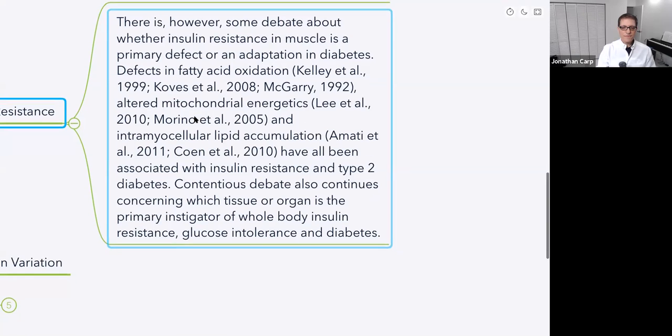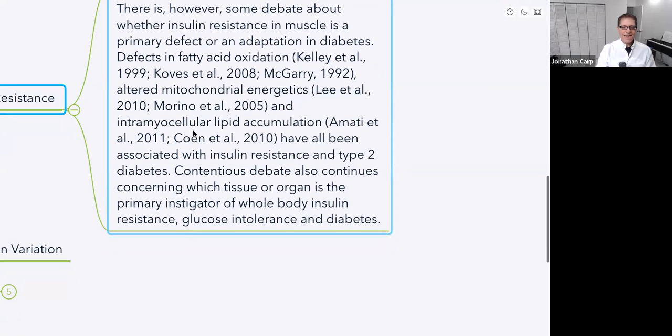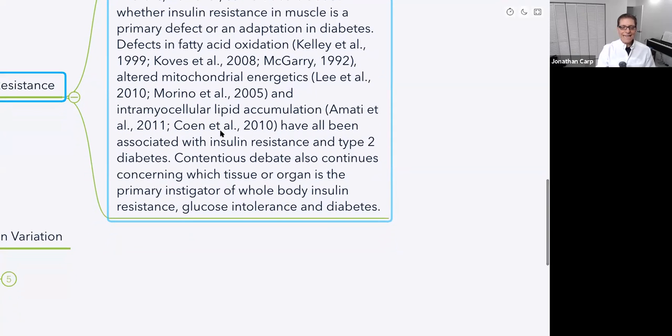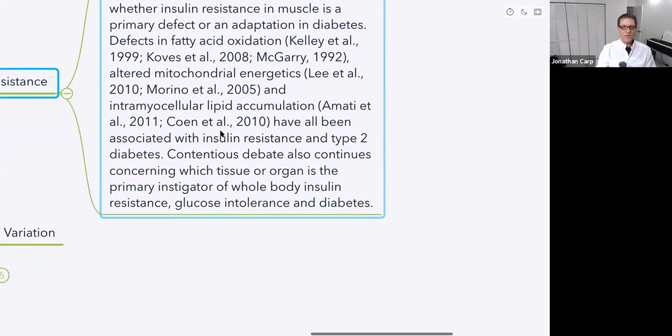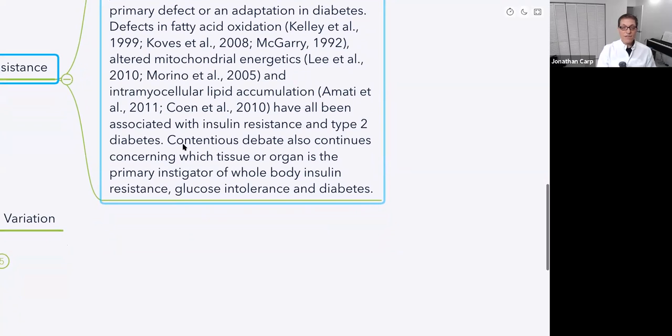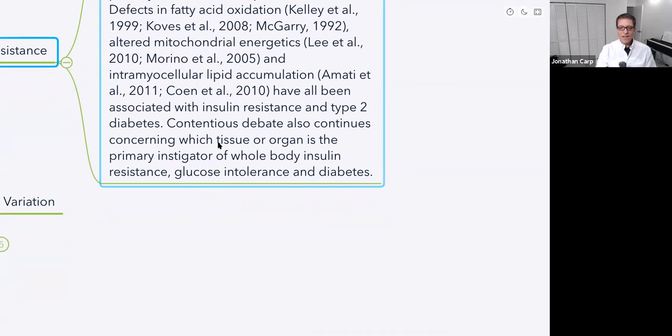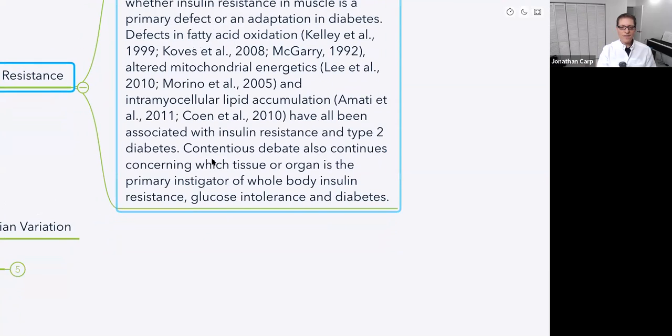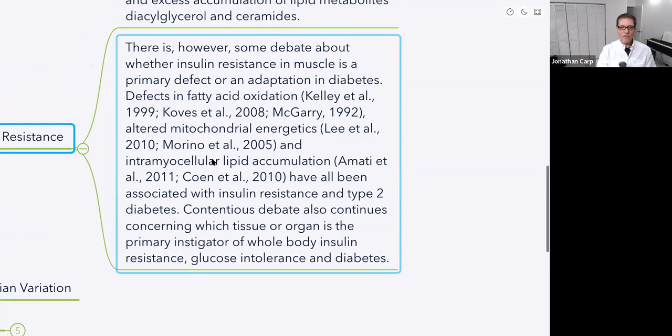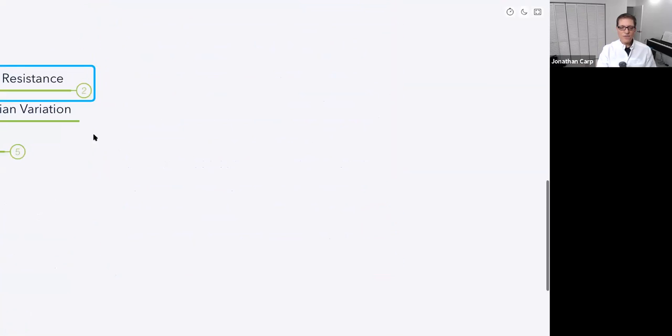With, as we said, lipid accumulation inside the cells, which is messing things up. And it's all been associated with insulin resistance, which is directly related to type 2 diabetes. And there's some debate that continues as to which organ or tissue is causing this, whether it's muscle or not. But the point is that we do need to be careful, and we do need to exercise.